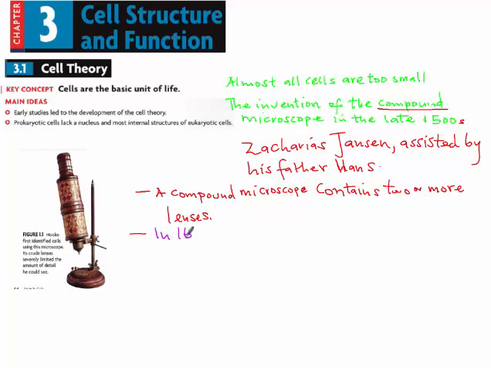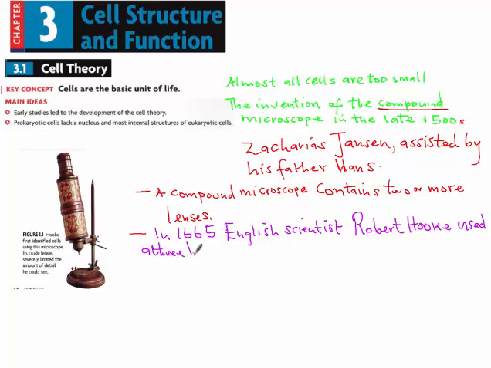In 1665, the English scientist Robert Hooke used a three-lens compound microscope.